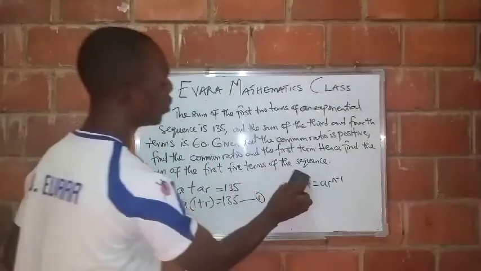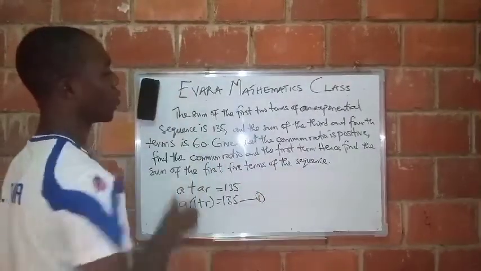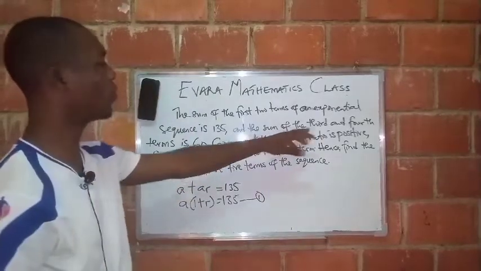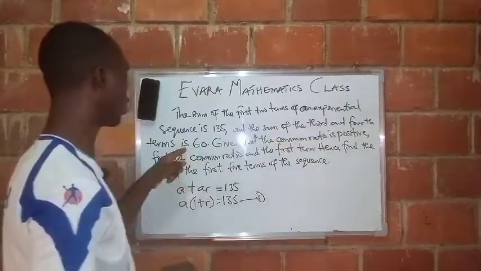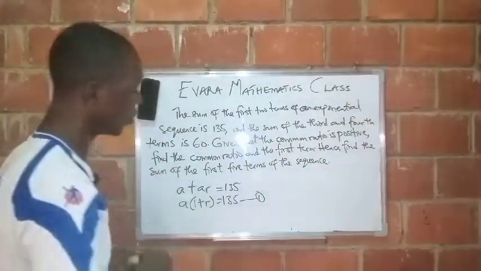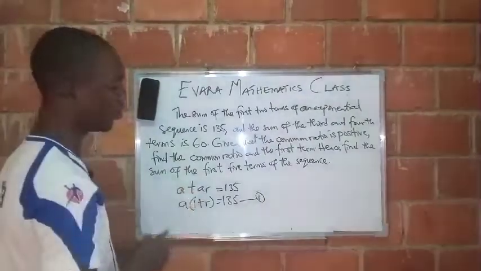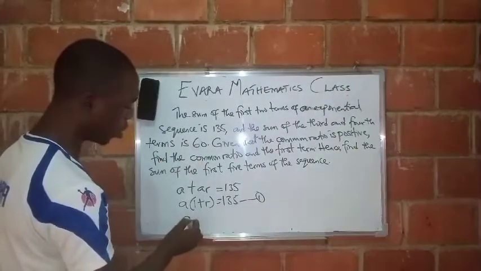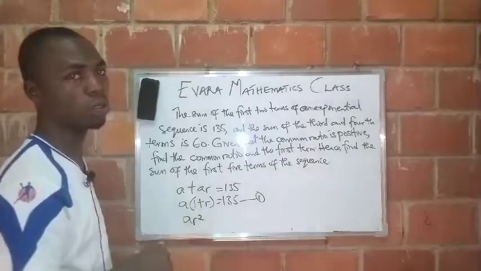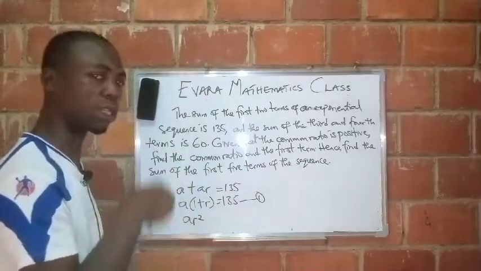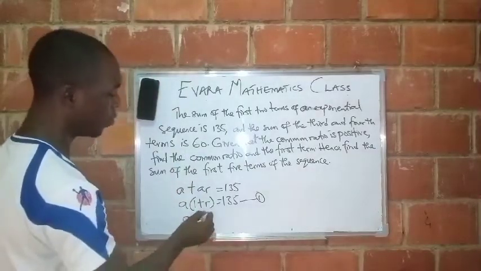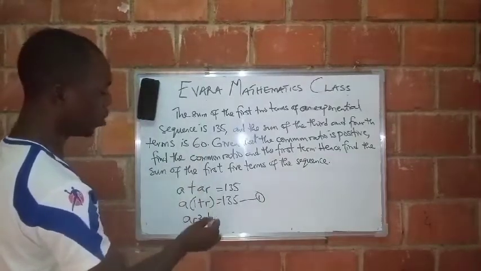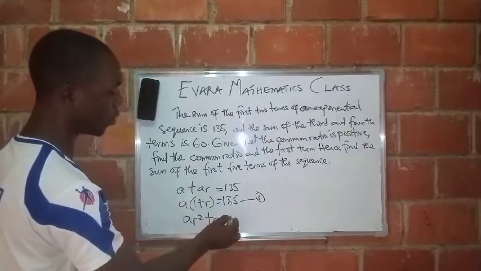Now, from the second statement, we have the sum of the third and the fourth terms is 60. So from the explanation of that second term, the third term will now be AR raised to power 2, since it is third, 3, you subtract 1, making 2. Plus, the fourth term is AR raised to power 3.